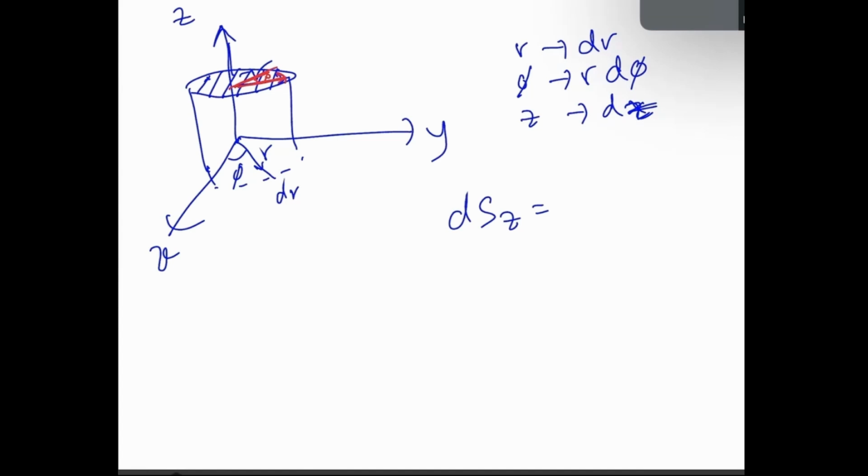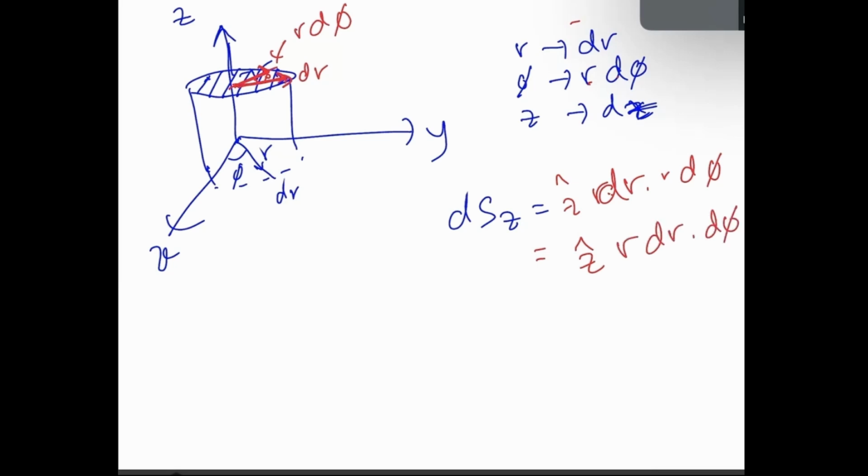So for r it is dr, for phi it is r d phi. So the surface for z is equal to dr times r d phi, so that is r dr d phi. That one is for the circle part of the rectangle.